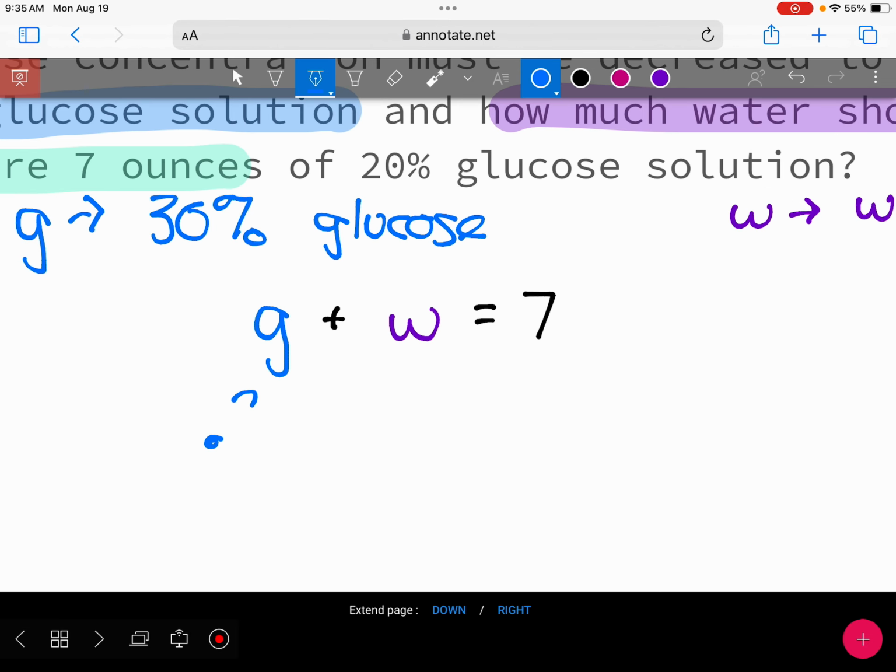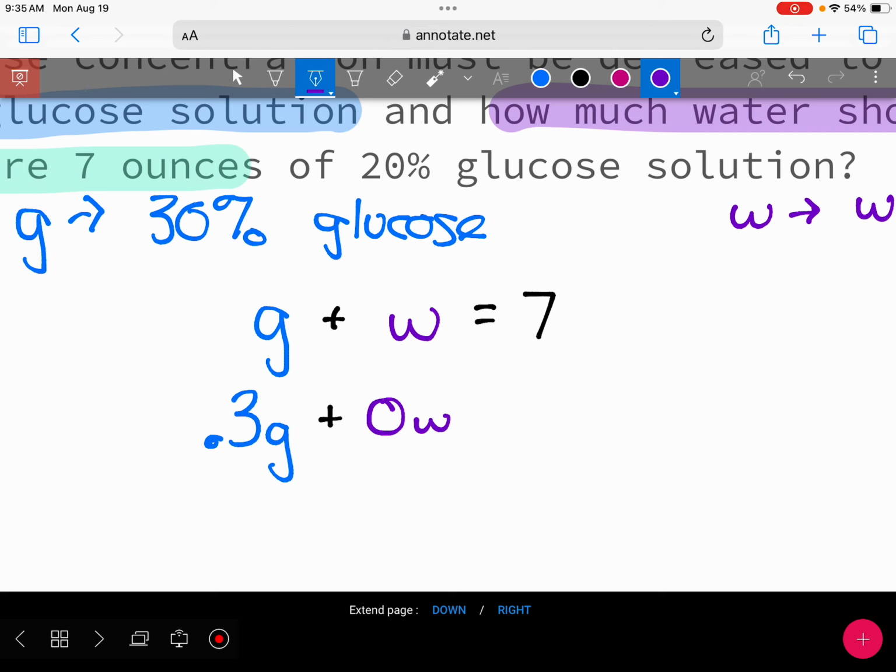So we have 0.3 times however many ounces of glucose we have. And we're going to combine that together with how much glucose is in water? How much sugar is in water? None. So we have 0 glucose in water.